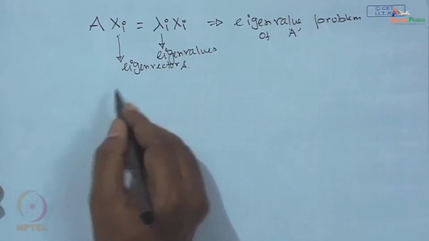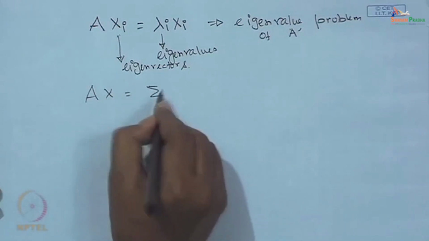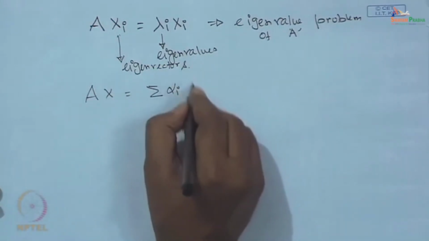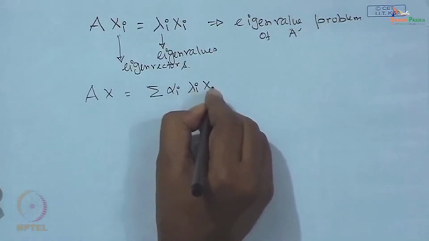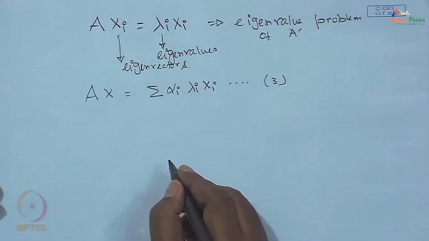Therefore, we can write this equation as A x is equal to the summation of alpha i lambda i x i. So, this is equation number 3.